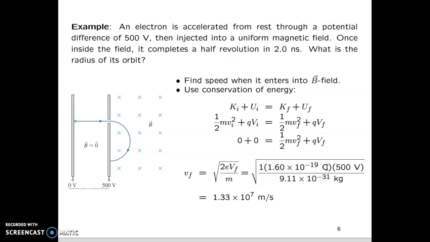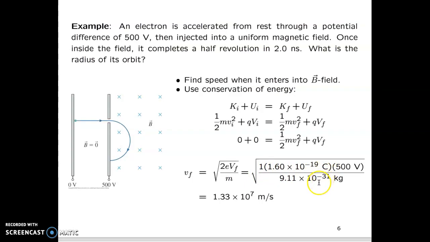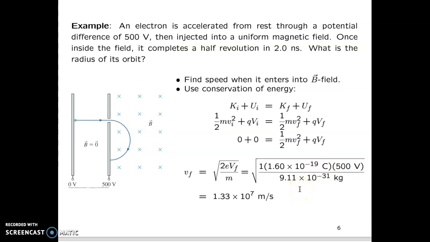Why am I making such a big deal about signs? Because you have to make sure that what you're taking the square root of is a positive quantity. You don't want to take the square root of a negative quantity. And you don't have to. The negative signs all cancel out. So when you do this calculation, for some reason this 2 has become a 1.